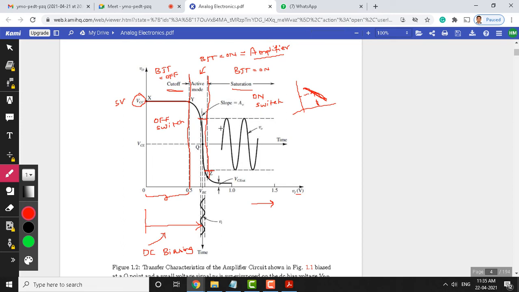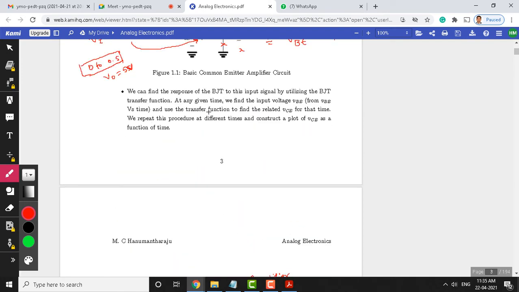Only when the transistor operates in this active mode. That means your input signal must be greater than the VBE, the cut-in voltage of this transistor, and it should not be in saturation, just before the commencement of saturation and after the cutoff. So between these two parallel lines, the BJT can be used as an amplifier.